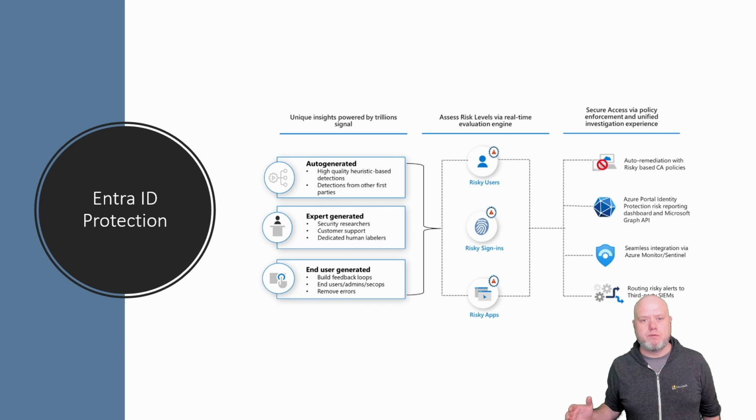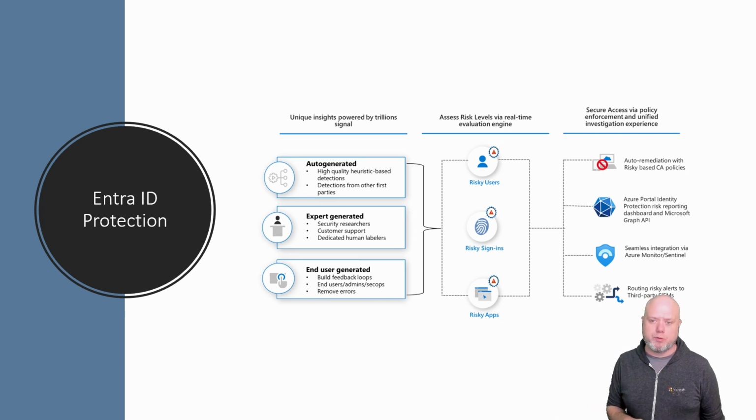Microsoft collects a ton of information on the current threat landscape and known bad actors. We're going to look for any links between those activities and the user of the sign-in. We're also going to look at user behavior analysis and look at the agent string, the device, the IP address that the user is coming from, and compare that to a baseline of typical devices and locations that a user signs in from.